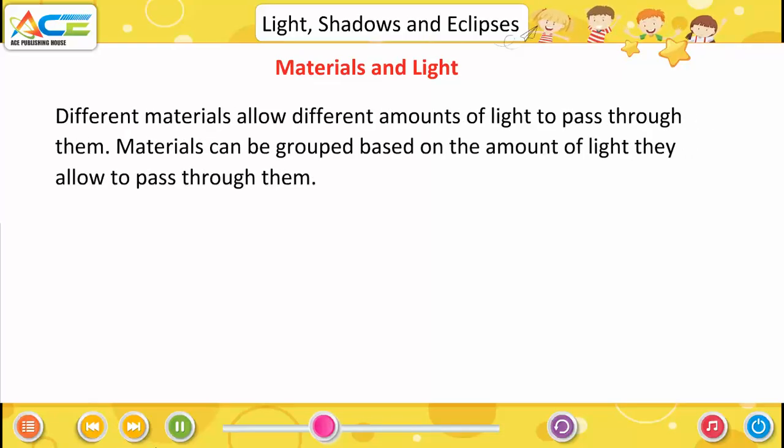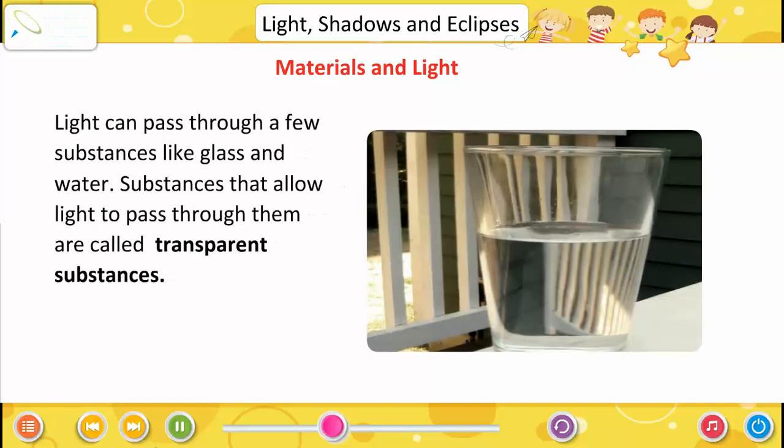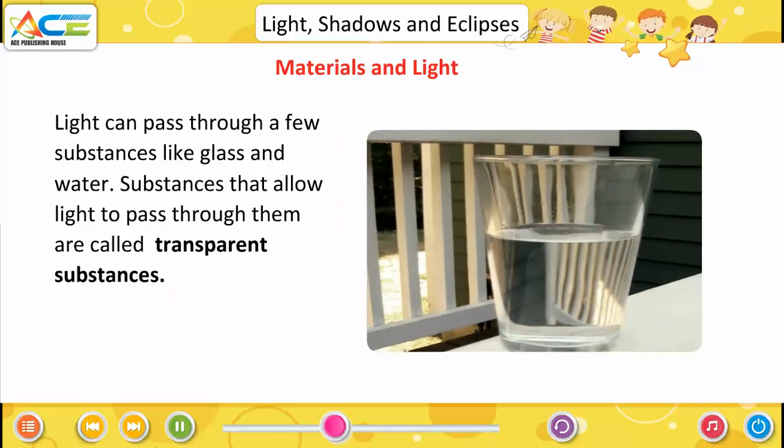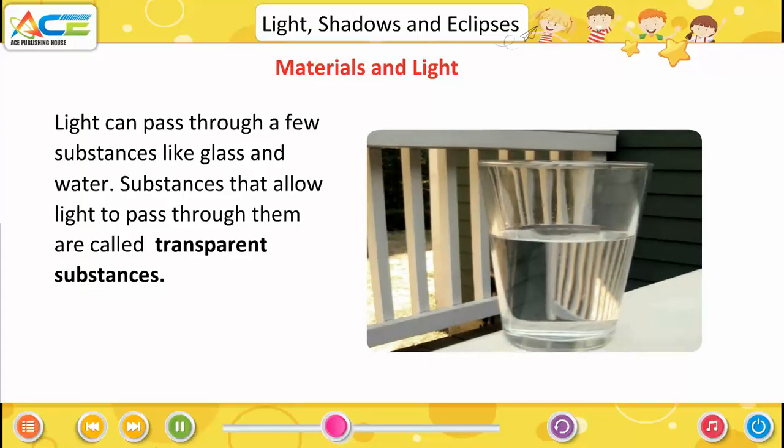Materials and light. Different materials allow different amounts of light to pass through them. Materials can be grouped based on the amount of light they allow to pass through them. Light can pass through a few substances like glass and water.